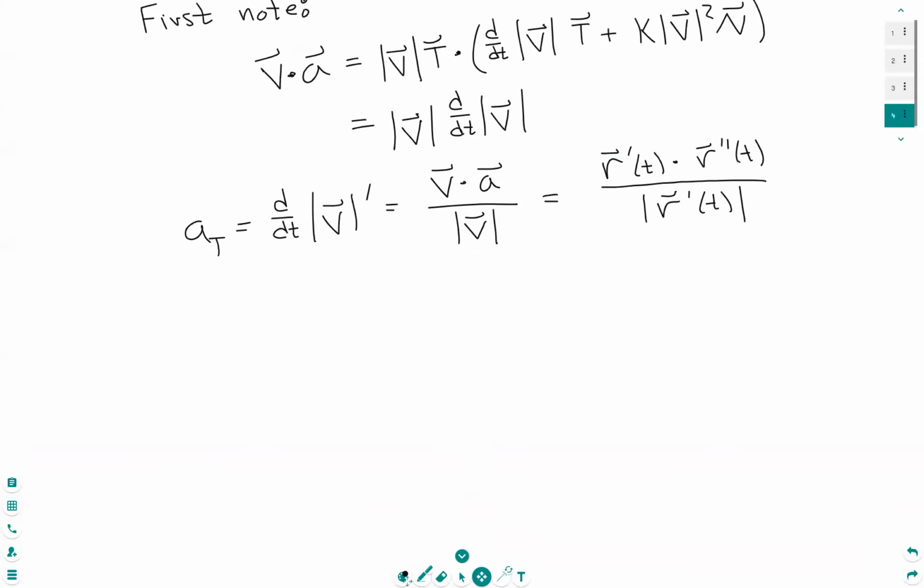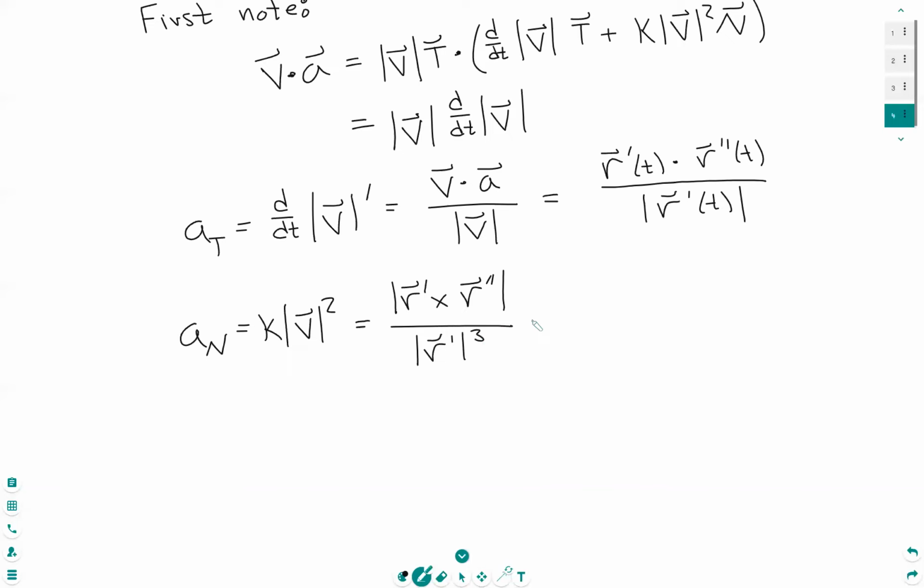So for AN, this was the curvature times the speed squared. Remember the definition for curvature was the magnitude of r prime crossed with r double prime all over the magnitude of r prime cubed. And now we're just multiplying it by the magnitude of r prime squared.